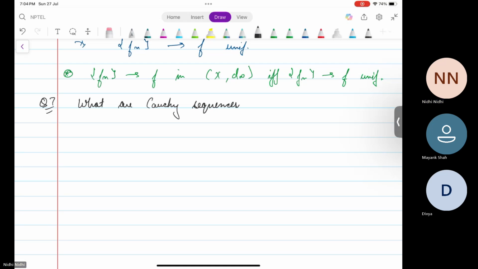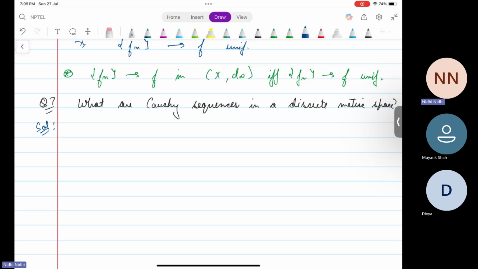Cauchy sequences in a discrete metric space. Solution.